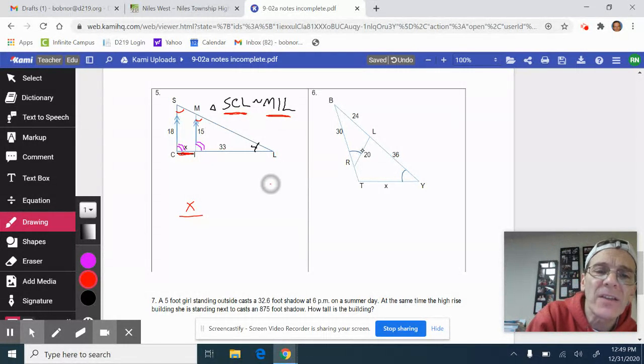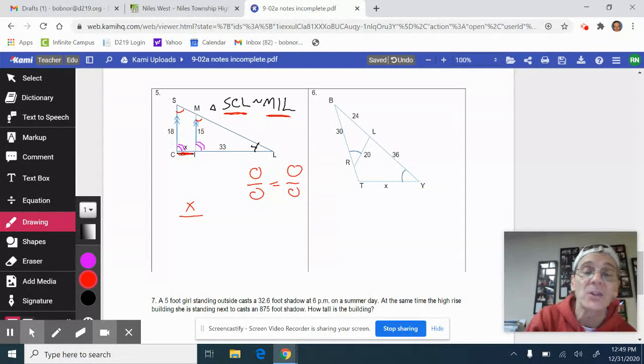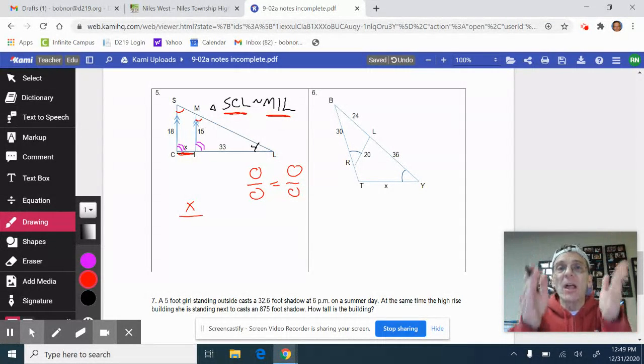In these equations that I've been setting up with a fraction on the left and a fraction on the right, every spot in that fraction, all 4 locations, must be representing a full side of the figure. And x does not represent a full side of either figure. So, does that mean we can't do this problem? No. It means we need to find a full side of one of the two triangles where the x is at least included.